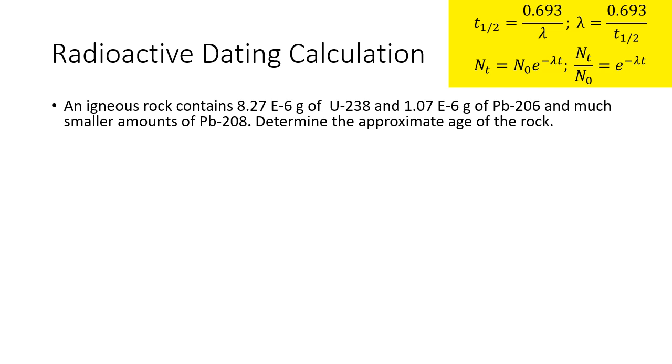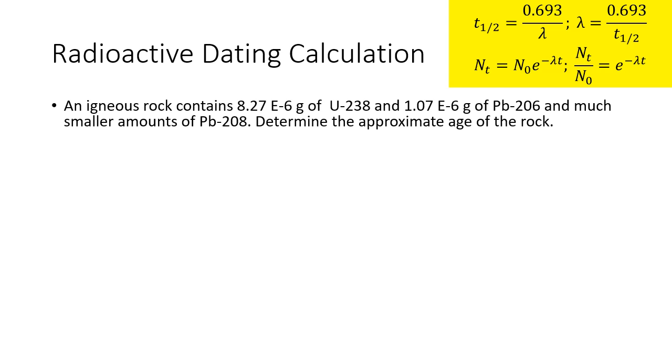If we have an igneous rock, which contains 8.27 times 10 to the negative 6 grams of uranium-238 and 1.07 times 10 to the negative 6 grams of lead-206, much, much smaller amounts of lead-208, which indicates that we mostly started with the uranium-238 to make the lead, determine the approximate age of the rock.